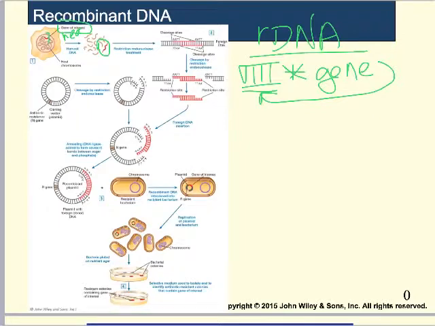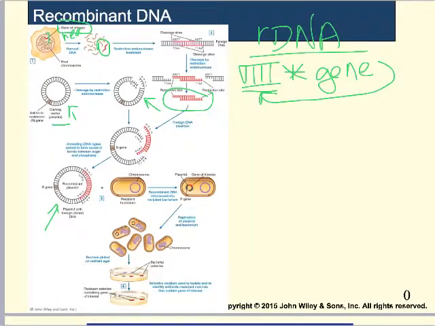So they can cut it out, and then they can paste it into a plasmid that we can buy. This plasmid is called a cloning vector, and you can stick this piece of DNA into the plasmid and ligate it using DNA ligase.